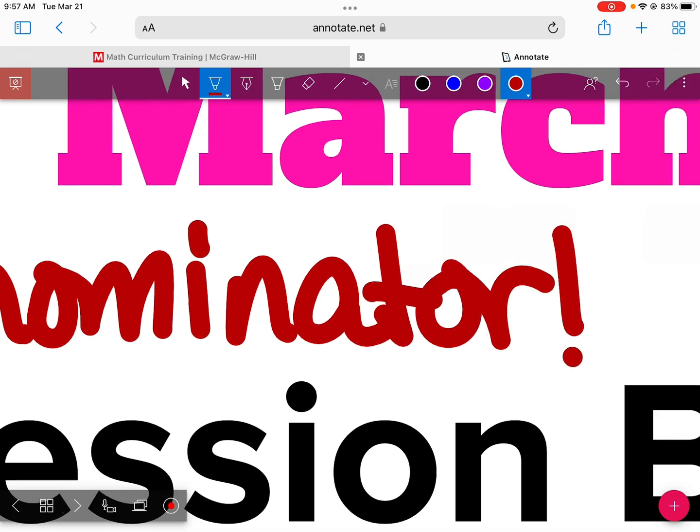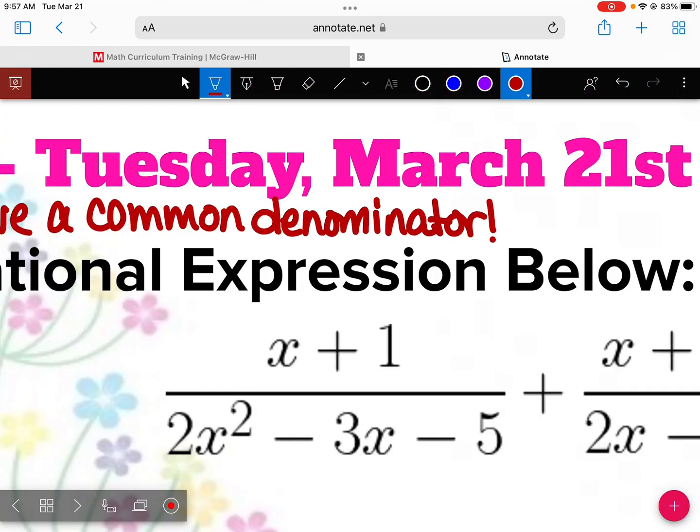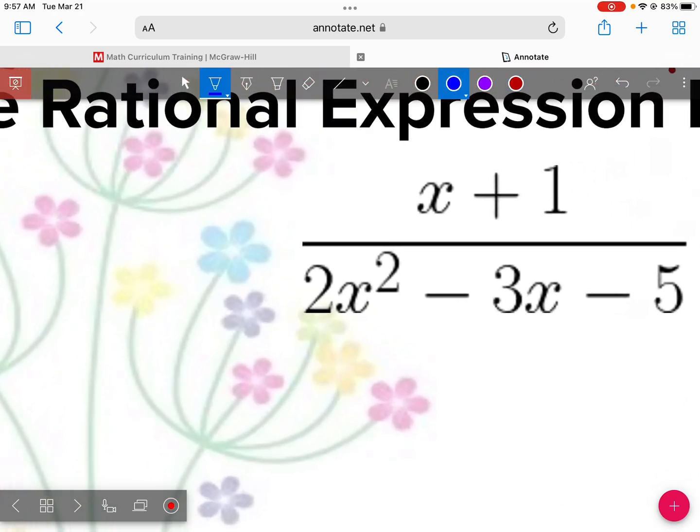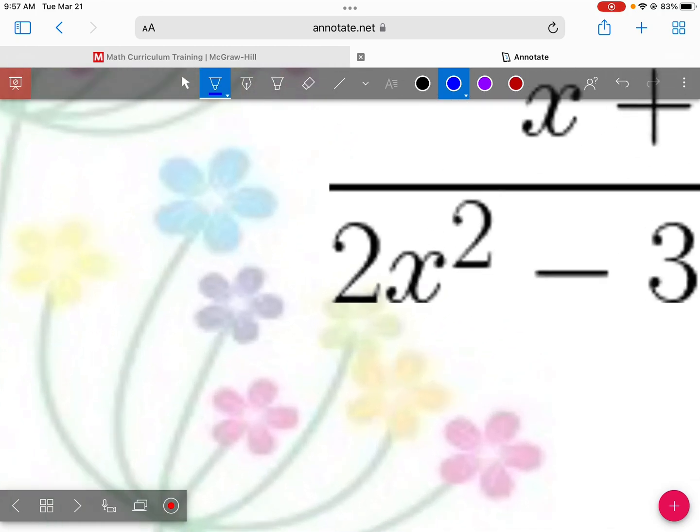All right, so if I'm going to get a common denominator, I need to know what these denominators already have in common. How will I find out if they have any factors in common already? By factoring. We're going to factor this one right here.